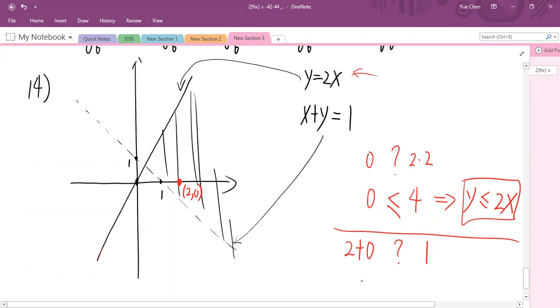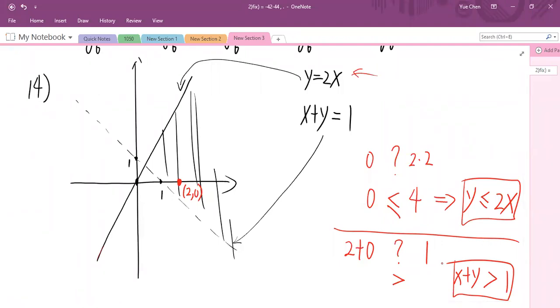It should be greater than 1, with no equal sign, because here it is a dashed line. So x plus y should be greater than 1. This is the other inequality. So you can see it must be choice A.